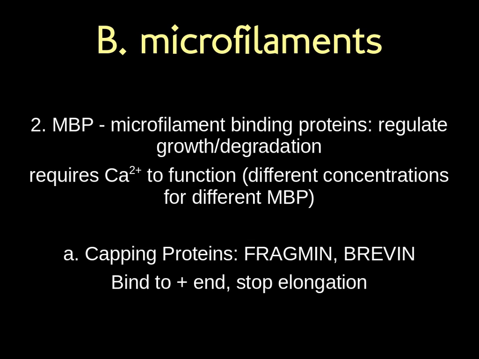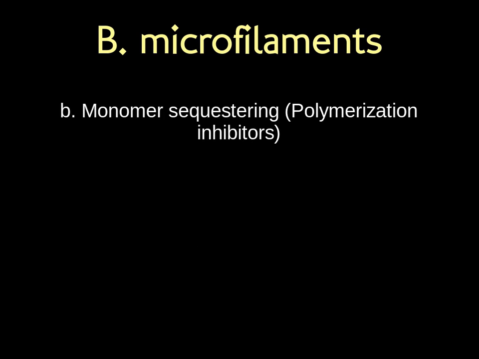Okay, so one of the principal things that we talked about in controlling the polymerization of microfilaments is the availability of the concentration of G-actin. And so actually we have certain things that will sequester the G-actin and prevent polymerization of microfilaments.